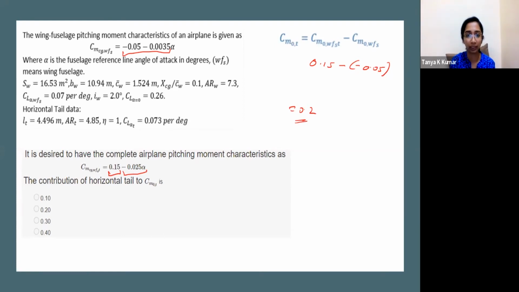0.2. Similarly, what would the contribution towards CM alpha of the tail be? This is CM naught of tail. What is the contribution to CM alpha by the tail? That is this component.